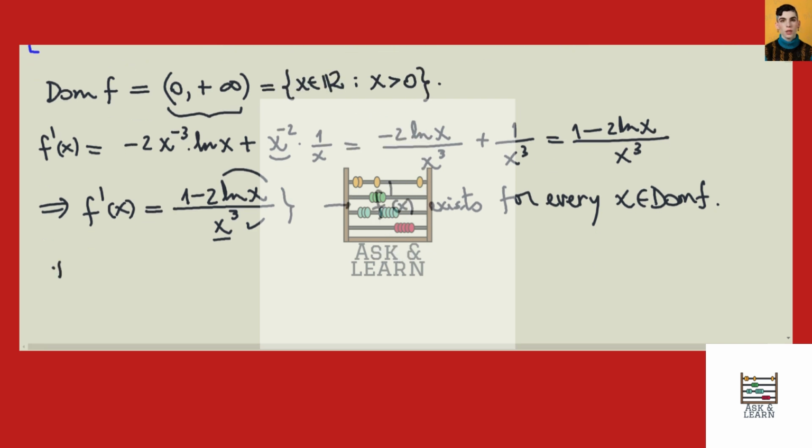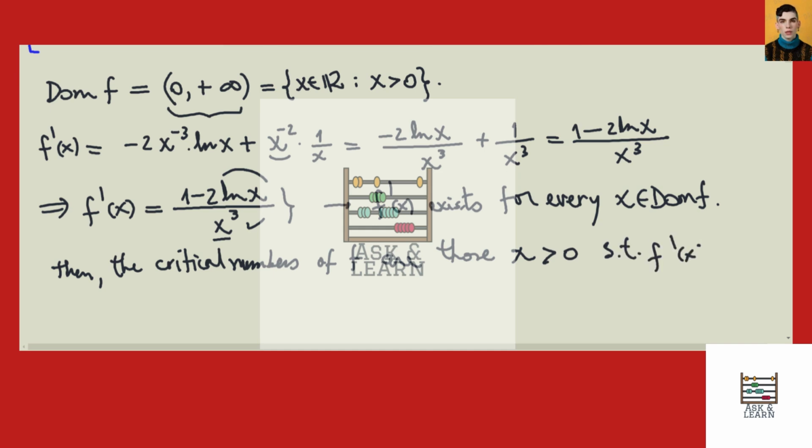So the only critical points or critical numbers of the given function f are those values, those x positive in the real numbers, such that the first derivative is 0.